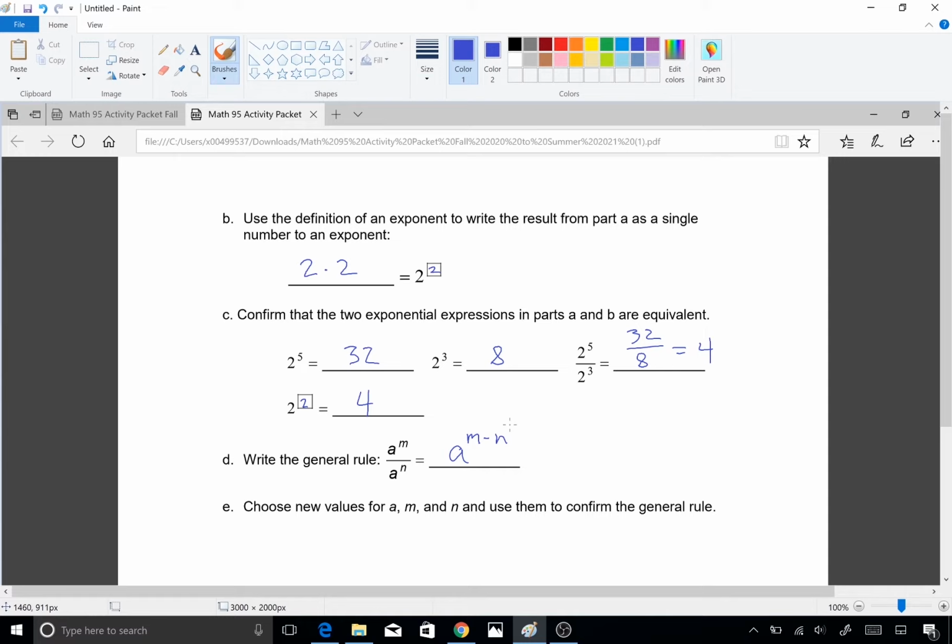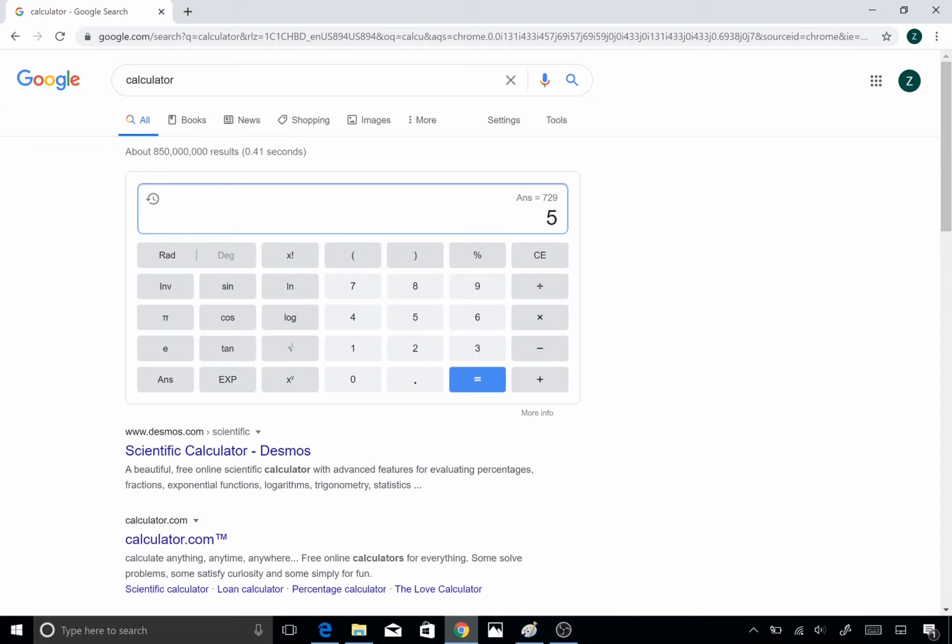For part E, let's try an example. 5 to the 6th equals 15,625.